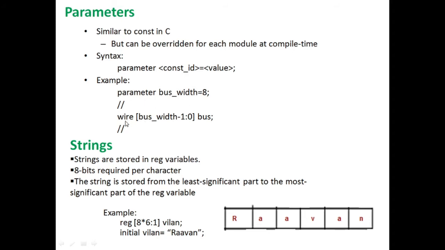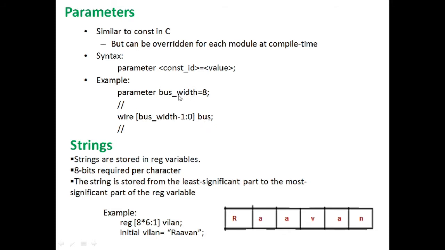Now I am declaring the wires as well as registers somewhere in the program, that is wire [bus_width-1:0] bus. So what is the capacity of this bus? We don't know the capacity unless it is mentioned. If it is mentioned, I can tell that my bus capacity is 8 bits wide. Why?